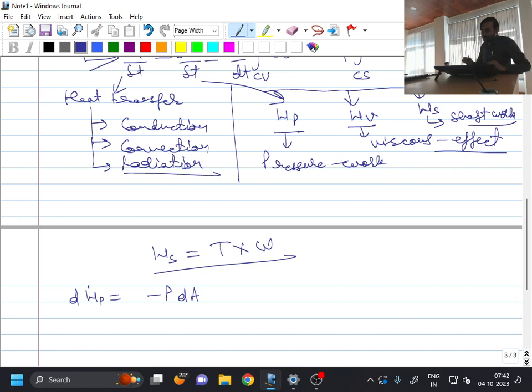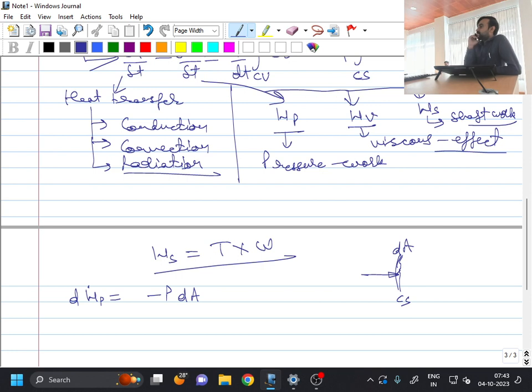So I have to consider that if this is my boundary of the control surface having elemental area dA, then whatever the inward velocity of the fluid is at this boundary, that particular velocity, when multiplied with the pressure force, will give me the work. So I will consider the inward velocity.